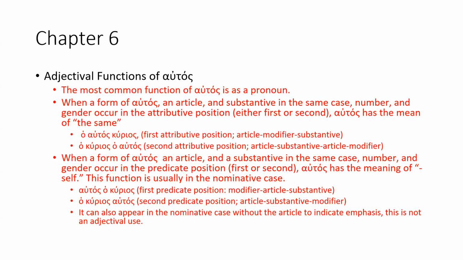Ho kurios autos, second predicate position, article, substantive, modifier, the Lord himself. So the word order here is going to determine what the meaning is. It can also appear in the nominative case without the article to indicate emphasis. This is not an adjectival use. So autos kurios, emphasis, the Lord himself.